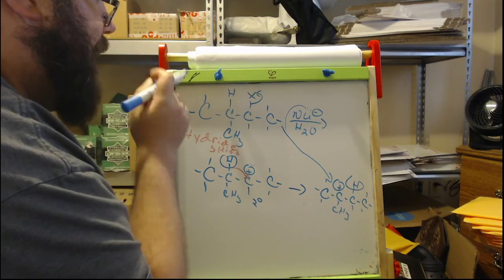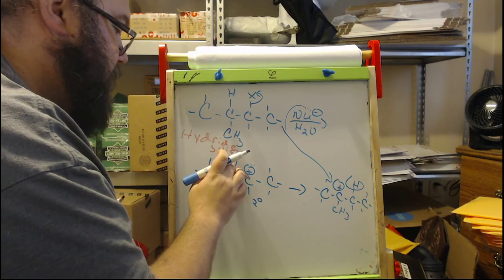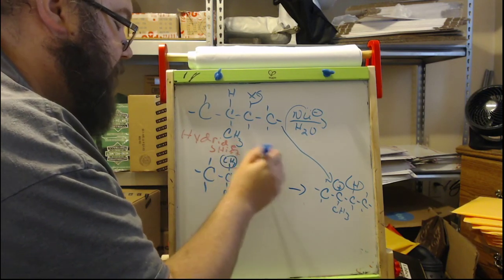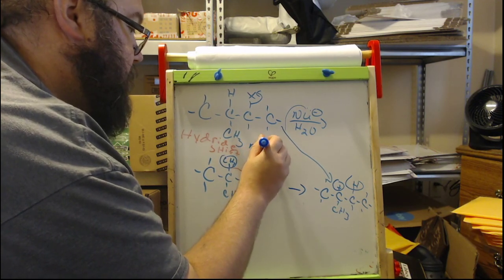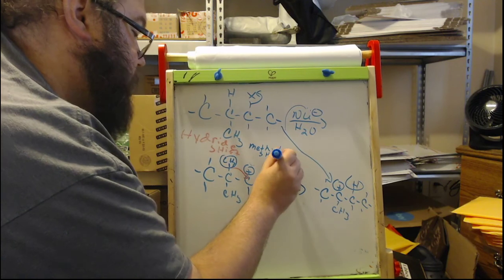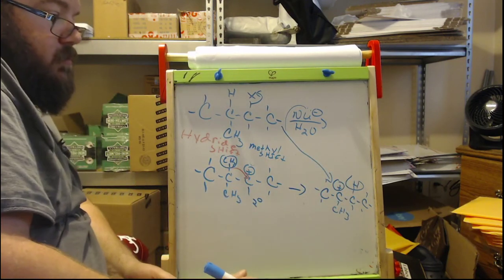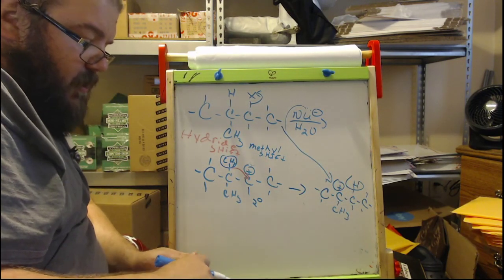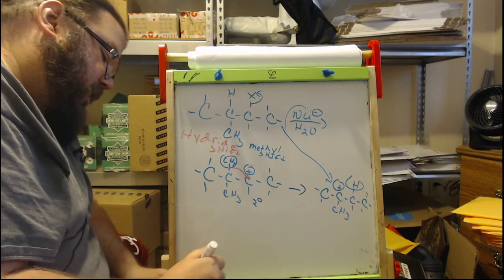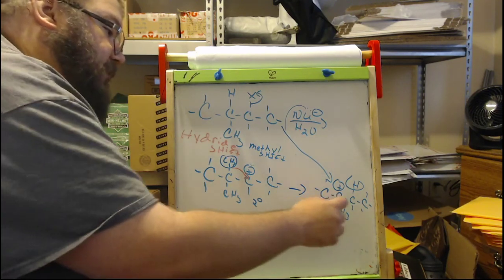Now, the same thing can happen if this was a CH3, and we would call that a methyl shift. It can only happen if the carbon's next door. It really doesn't happen if it's four carbons down. And this is what I tell students all the time: after you create the carbocation, look to the left and right.